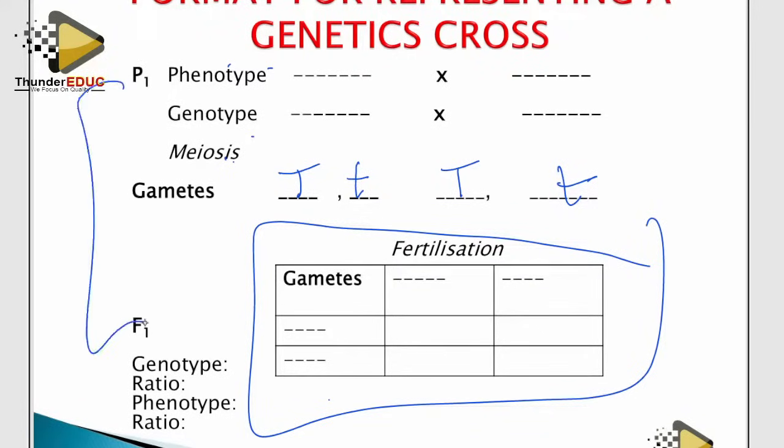Lastly, about this. When they say that P1 and F1 is a compulsory mark, I'm just giving an example, and the meiosis and fertilization is another compulsory mark, that is 2 compulsory marks. And then they've given you 6 marks. In most cases, the genetic cross is 6 marks. So what they do is they first subtract the compulsory marks and give you any other 4.